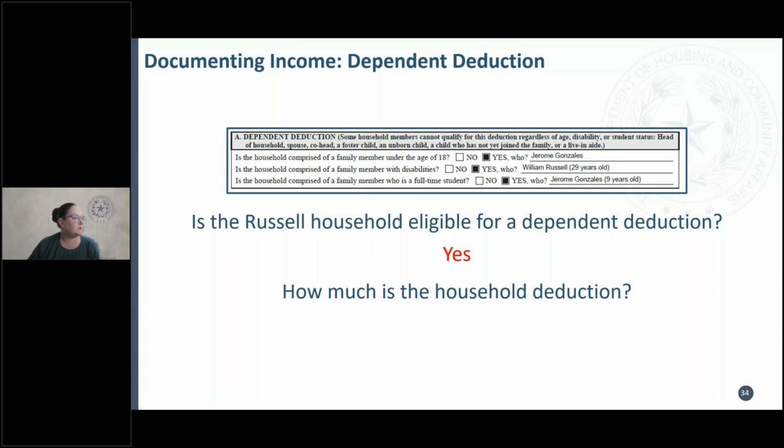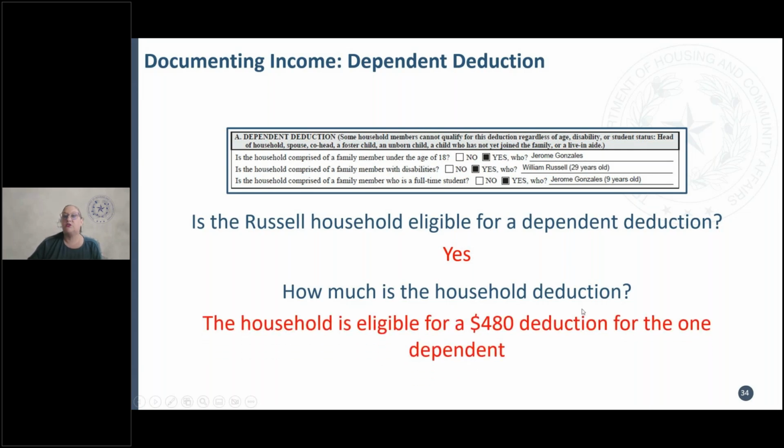Got a few more people answering right now. Leave it open. All right, I'm going to go ahead and close this one. Almost all of you agree that this is 480, which is correct. There's one dependent, so they get one dependent deduction.